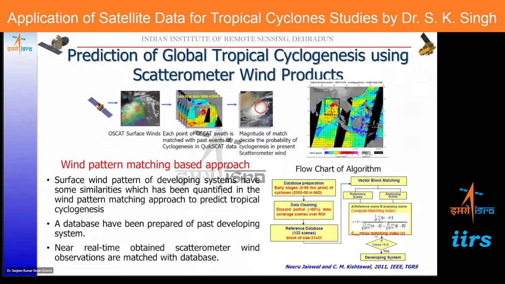The location where the maximum matching index is found is considered the center of the tropical cyclone. They also set a threshold: if Cmax is greater than 0.6, the low pressure has the potential to develop into a tropical cyclone in future time. Based on that, they are able to predict which low pressures will develop in future time.